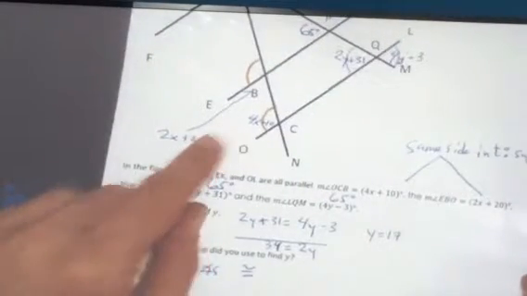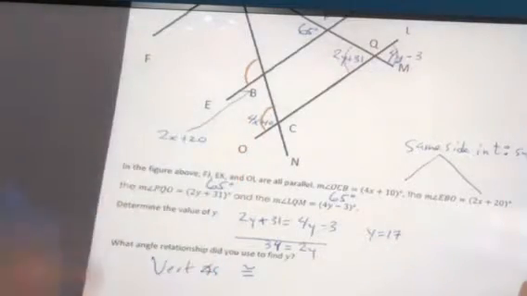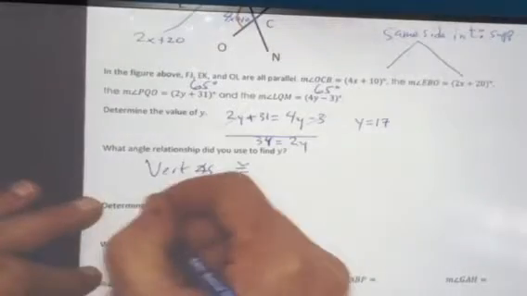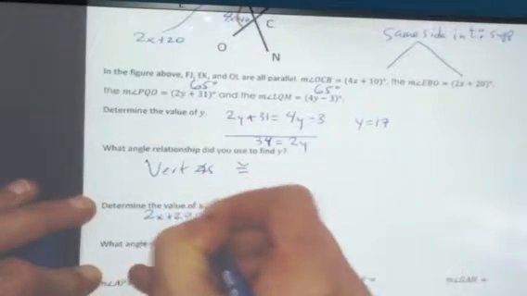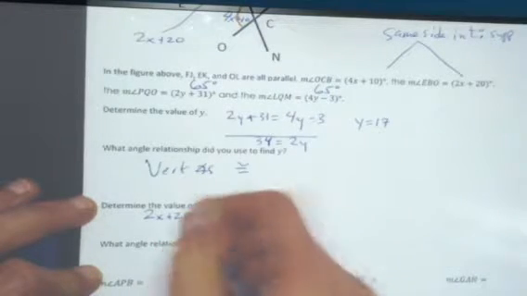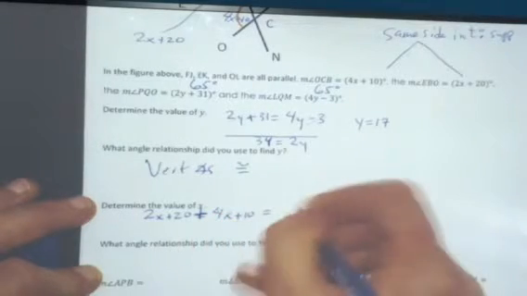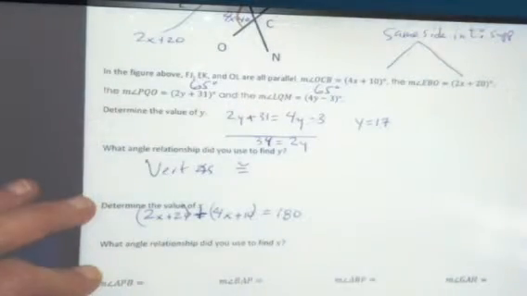Okay, let's work with the x's. So we said that these same side interior angles are supplementary, so they add to equal 180. There's not a lot of space here, sorry about that. 2x plus 20 plus 4x plus 10 equals a total of 180 degrees, these two angles that are supplementary.